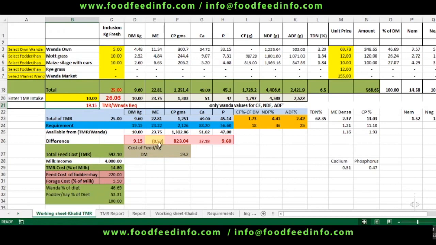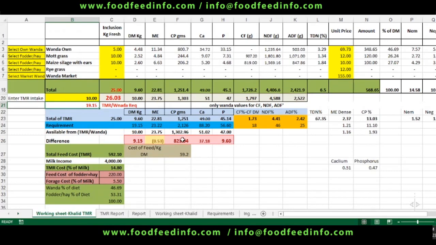If you are getting a sufficient amount of stuff, here you can see that by feeding only 10 kg in a fresh form, after mixing this is the 25 kg, and out of this, if you are feeding only 10 kg in terms of fresh matter, it equals 26. So these values, they are matching. So it means you are feeding as per the diet you have formulated.